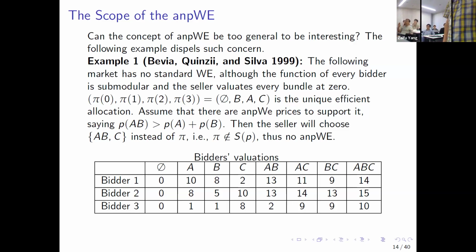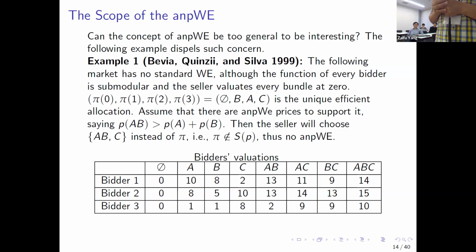When you have an M-natural concave function, that is true. But you just proved that it's equivalent to M-natural concavity, substitutability. No, this is not a gross substitute. In a general sense it's a substitute, but not in the precise sense of gross substitute. Sorry, the language could be confusing.